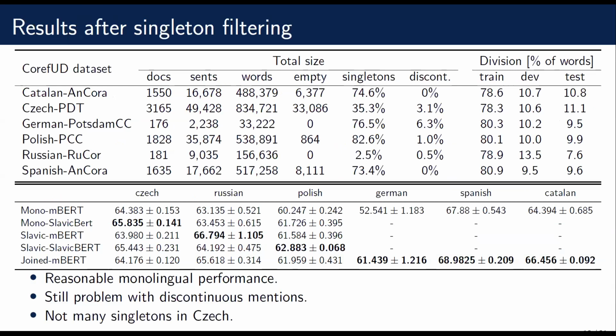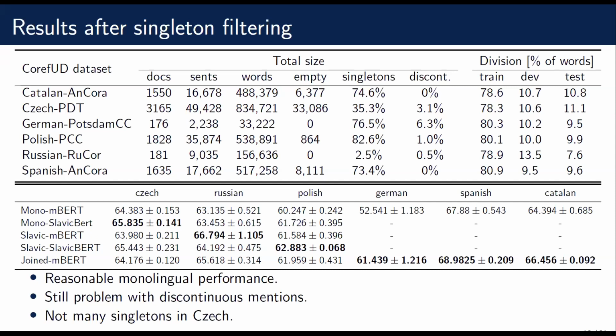Here, as I promised, we noticed that there are problems with singletons, that they decrease the performance of the models. So we remove them from the evaluation, or even the training.